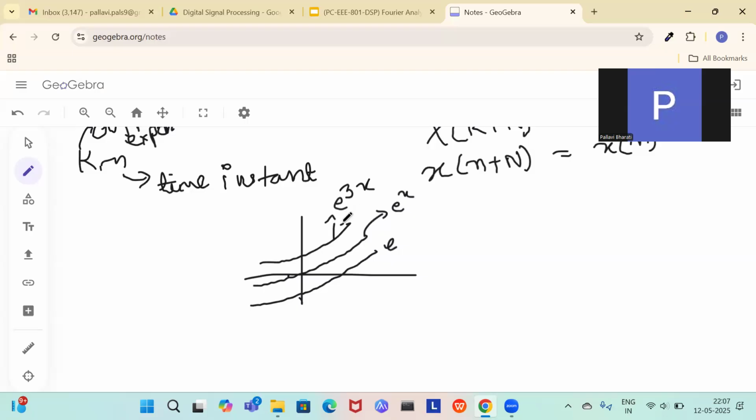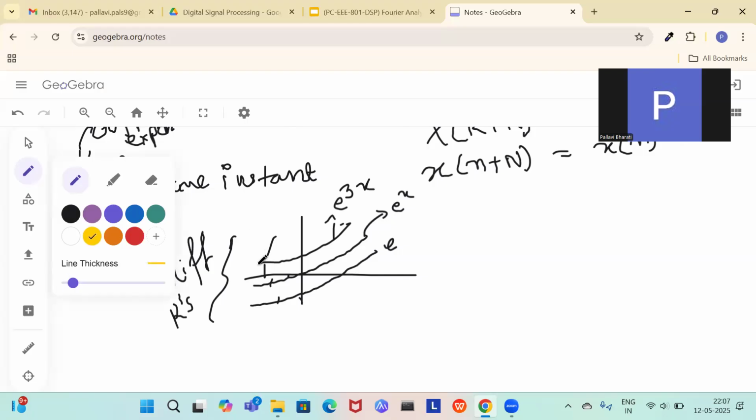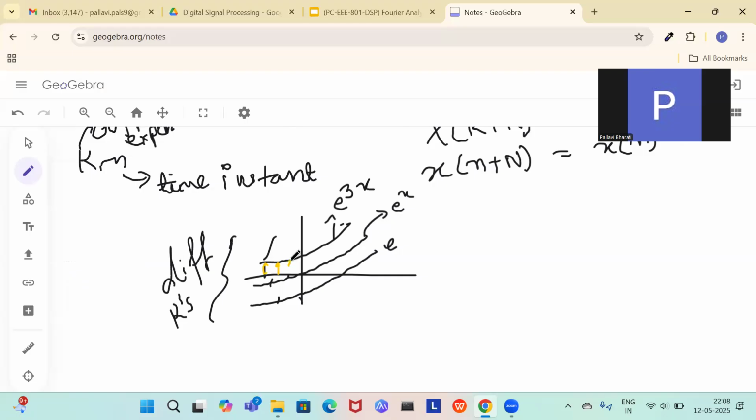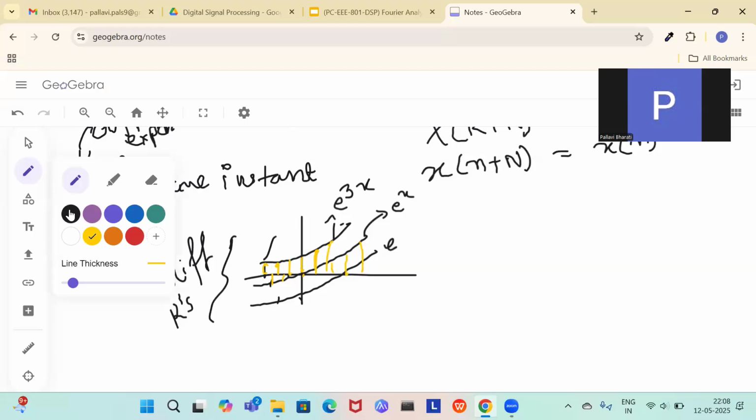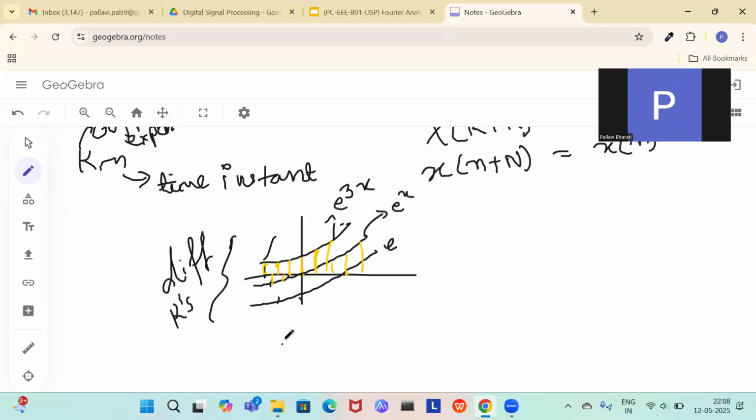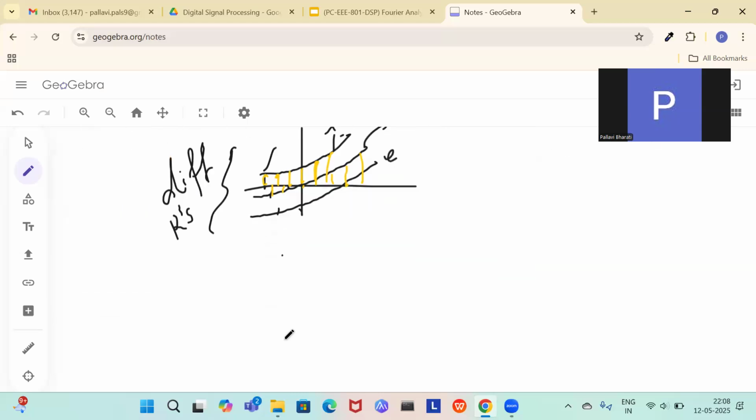So these denote different k. And how do we take different n? These are my different n, the time instances. And for a single k, you have different n, right? For this k, you have different n's. So this is a method of understanding the meaning of k and n, which I also discussed when we were doing the discrete time Fourier series.